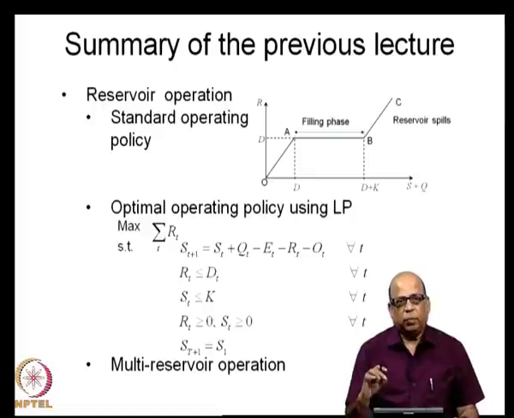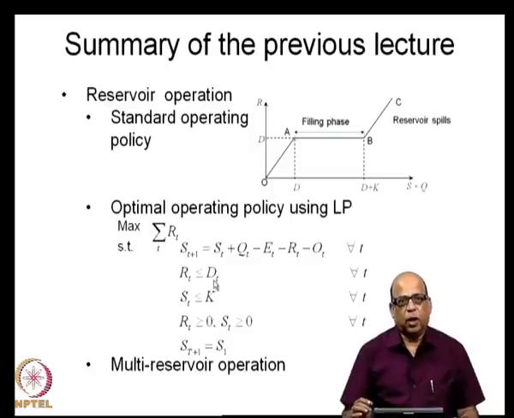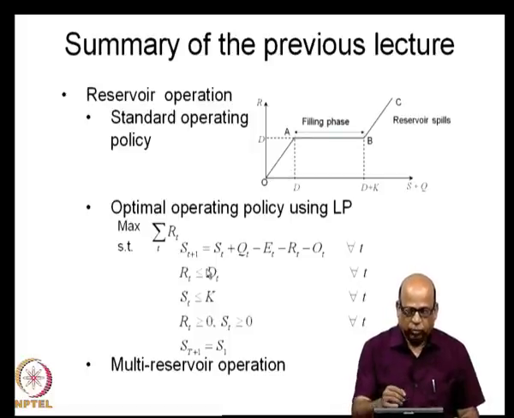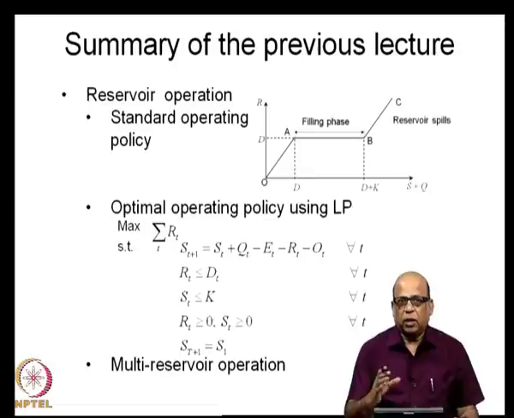And these problems typically we are solving for one single objective, namely the water supply, where the demands are all known, and therefore, you would like to meet the demands to the best extent possible in all the time periods. Compare this with what we did in the standard operating policy. In the standard operation, you did not look at any other time periods when you are making a decision during a particular time period.